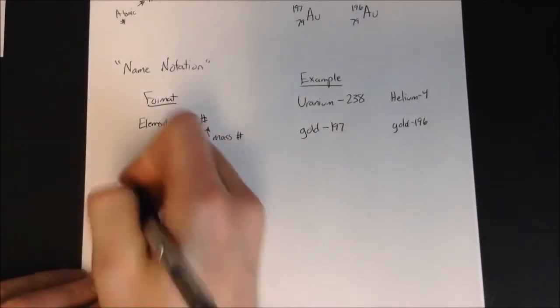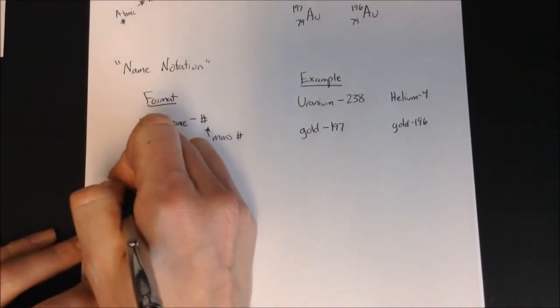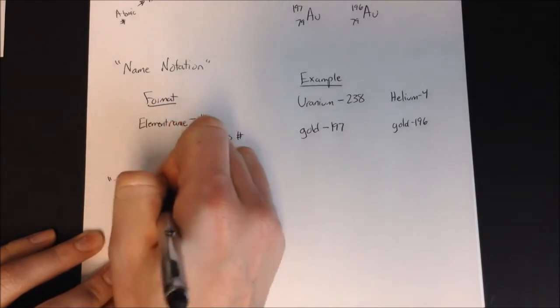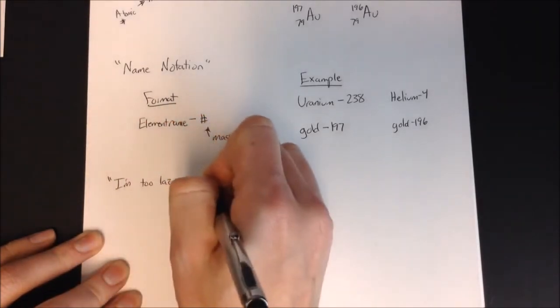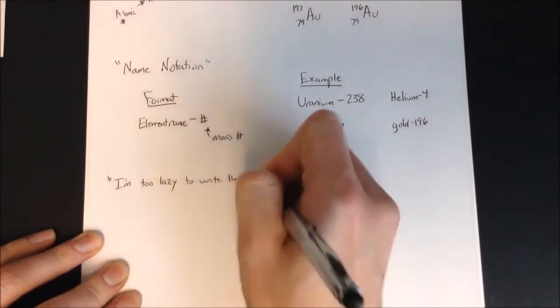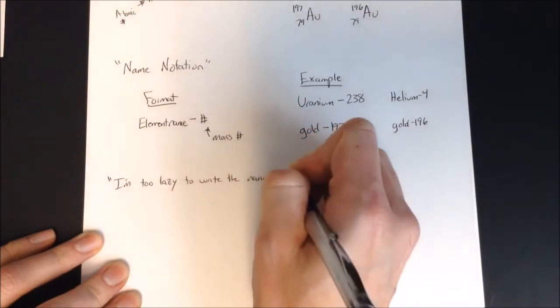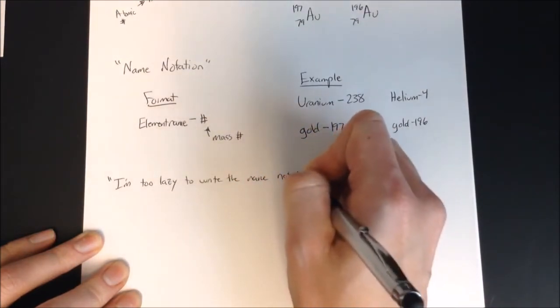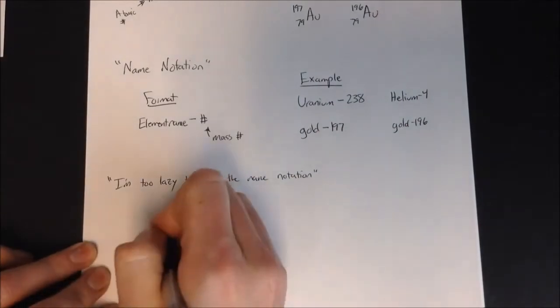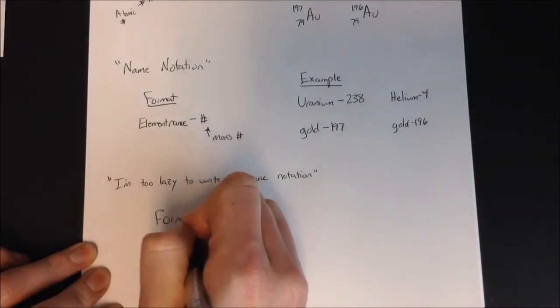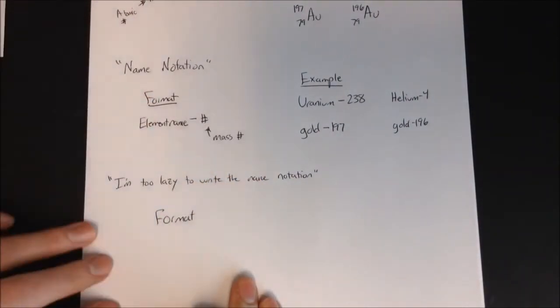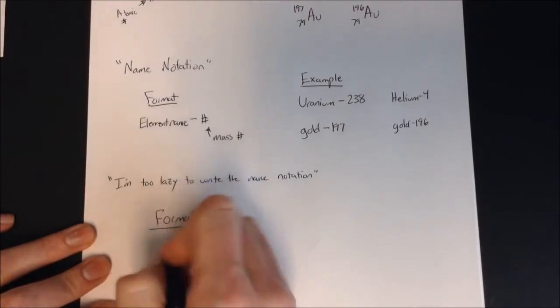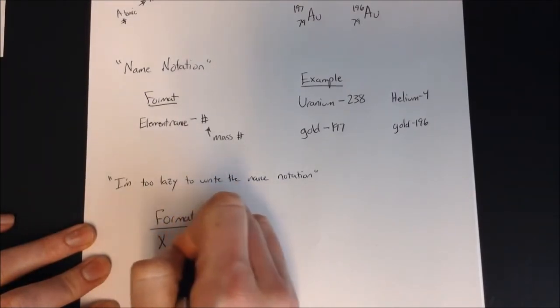Okay, so the last notation, which I'm going to call the I'm too lazy to write the name notation. And you'll see why here in a second. So this is what this one looks like. This one is sort of a combination of these two. Instead of the element name, we write the symbol and the number.